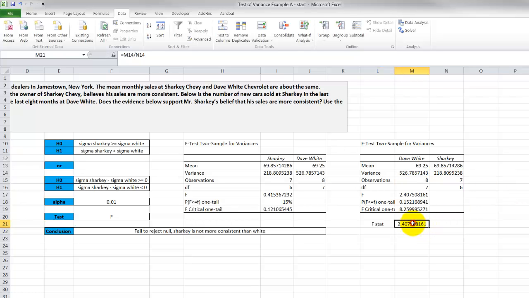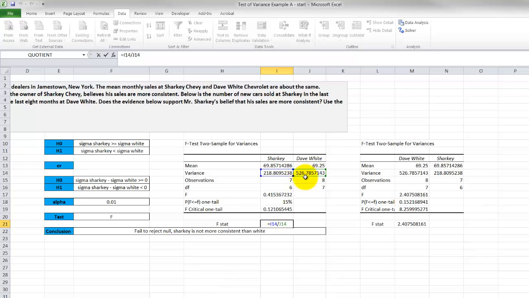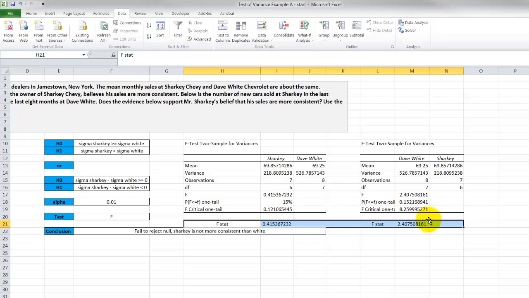We get that 2.4. If we were to do that over here, we get this. So we're dividing 500 by 226. So that's the reason why there's a difference. And in addition to that, that's why there's a difference in the F critical.